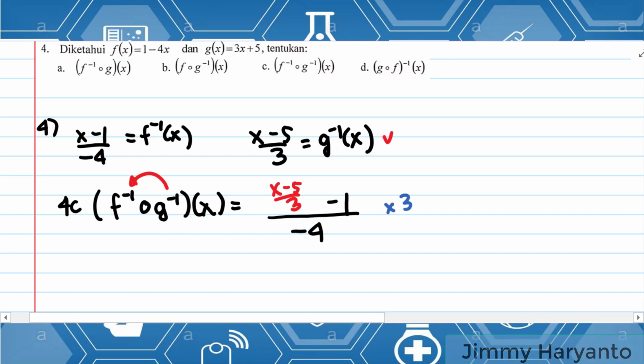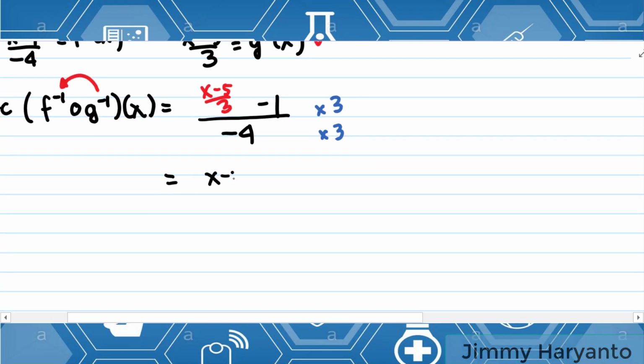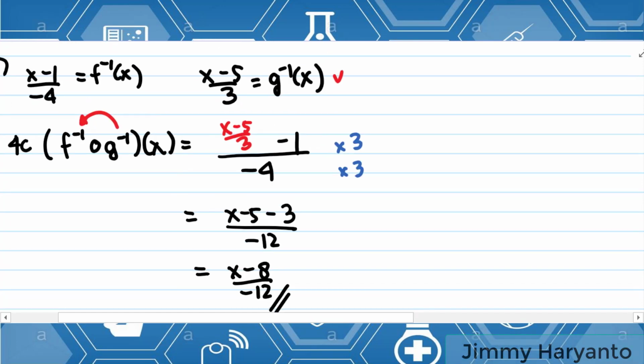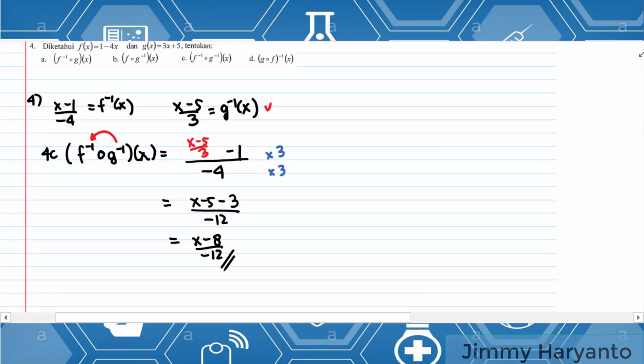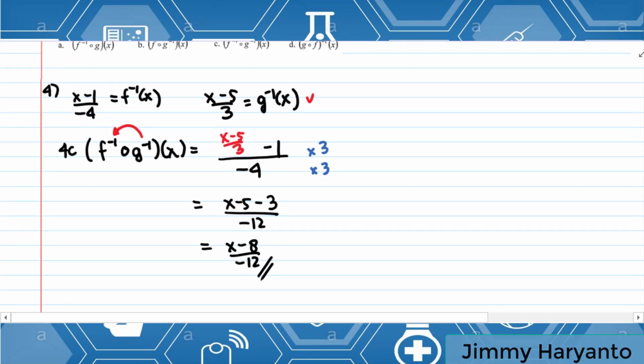I can multiply by 3 for the numerator and denominator to make it easier. So it will be x minus 5 minus 3 over negative 12. So it will be x minus 8 over negative 12. This is for C.